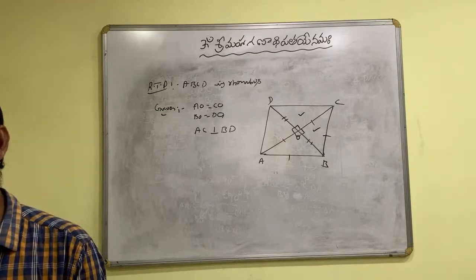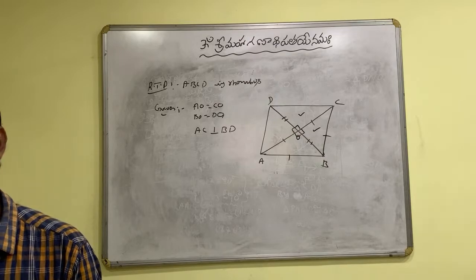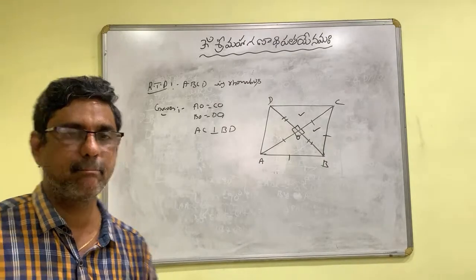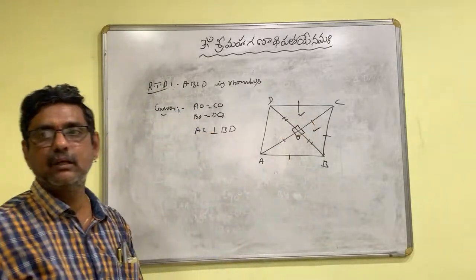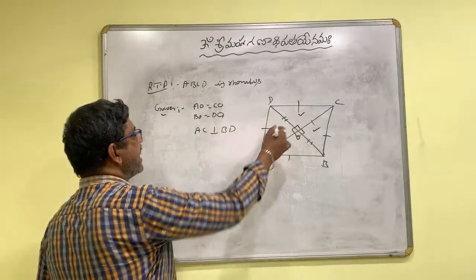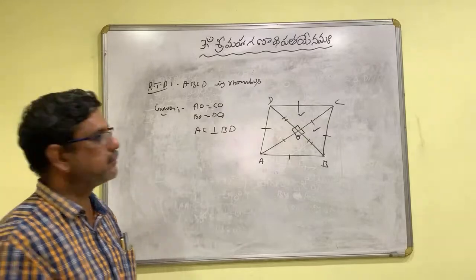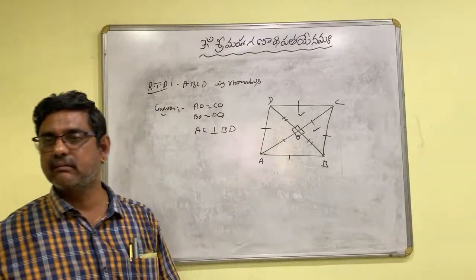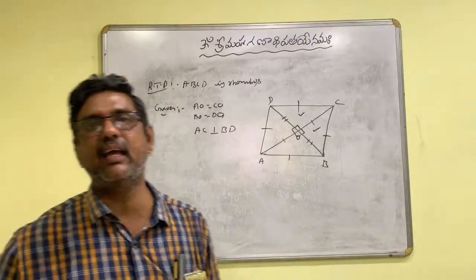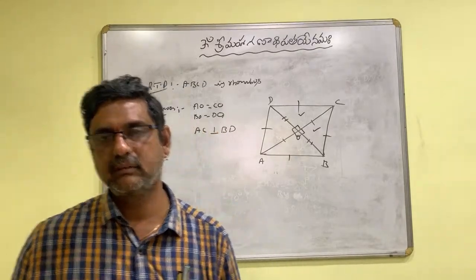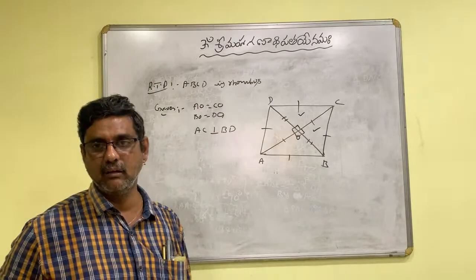So by CPCT, BC is equal to DC. Similarly, DC is equal to DA. Similarly, DA is equal to AB. So all four pairs of triangles are congruent and all sides are equal.